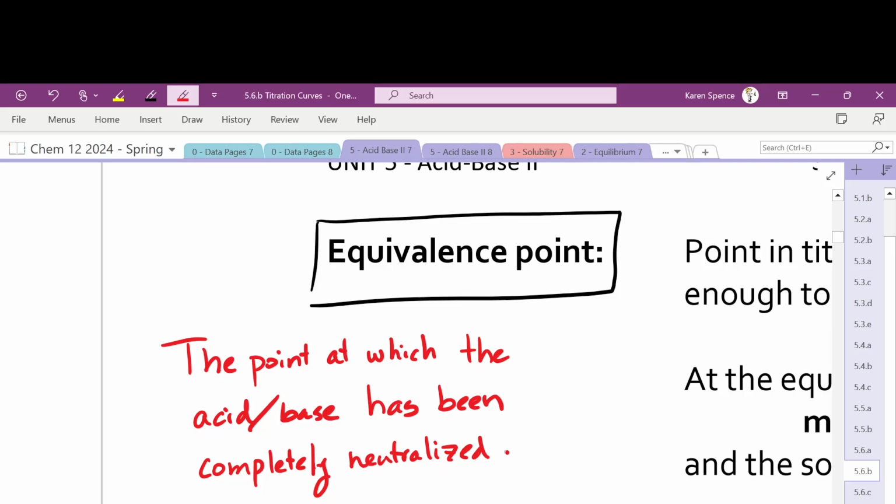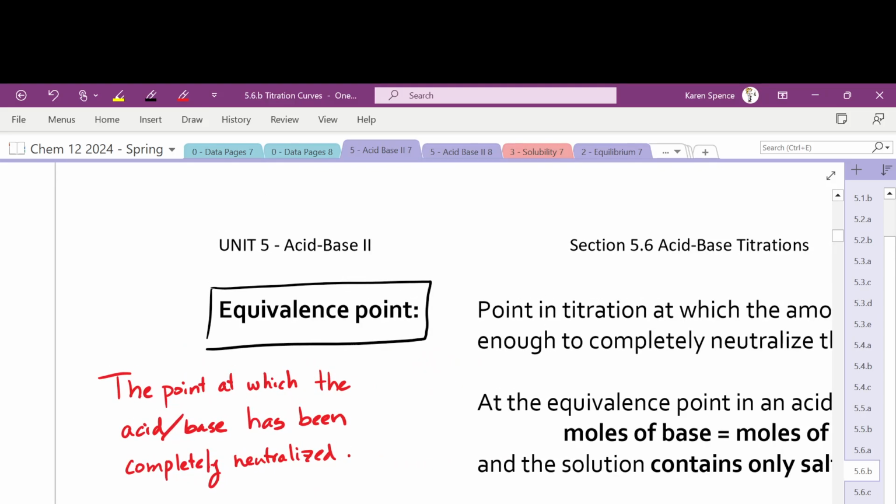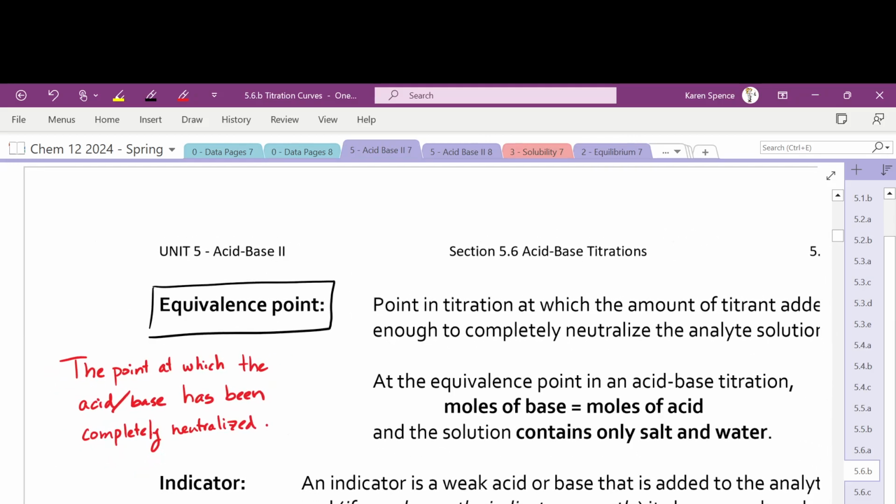Now, it gets a little more complicated than that if we have a diprotic acid, but we will not be dealing with that in chemistry 12. Okay, so we're not going to worry about it. So, in other words, it is the point in the titration where the amount of titrant, that is our known, added is enough to completely neutralize the analyte, our unknown.